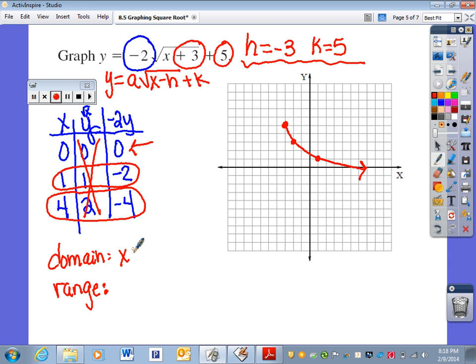So x has to be greater than or equal to -3. And notice that that's actually our h value where we begin. Then for our y, we are starting at +5 and we're going down. So y is going to be less than or equal to +5. And notice that number value is actually our k value.